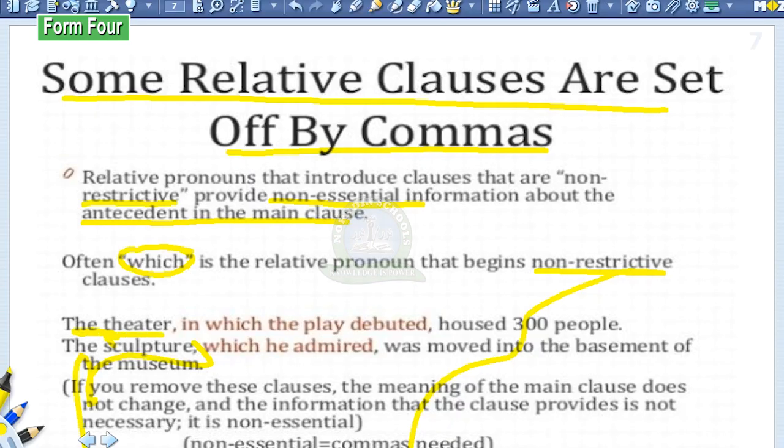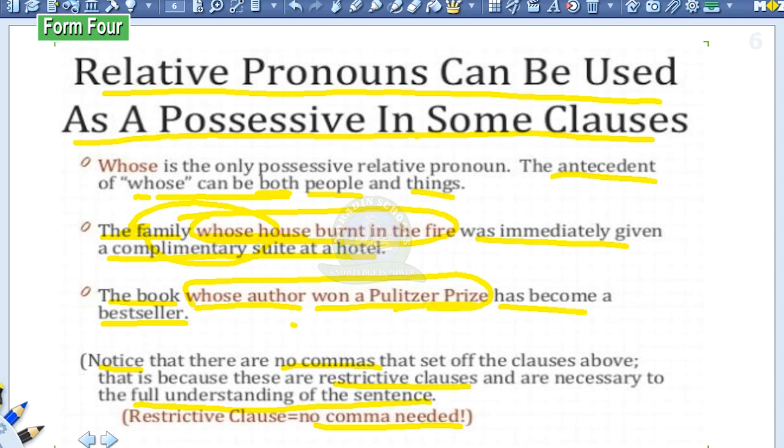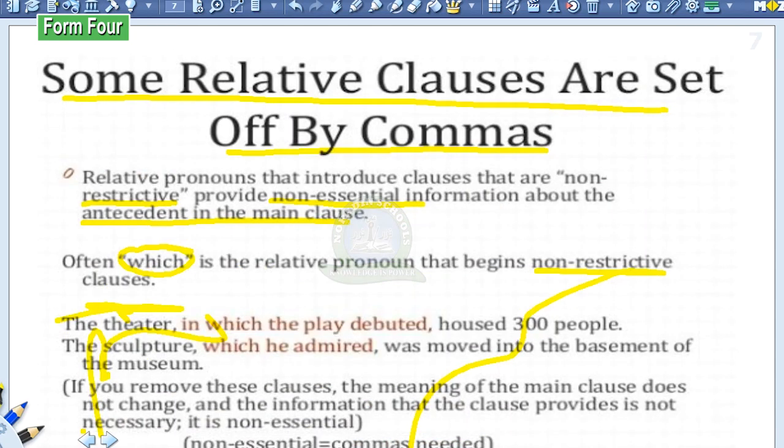The theater, comma, in which the play debuted, comma, and so on. Which is the relative pronoun that begins a non-restrictive clause.